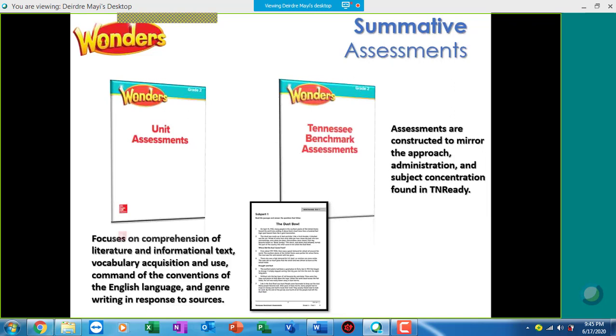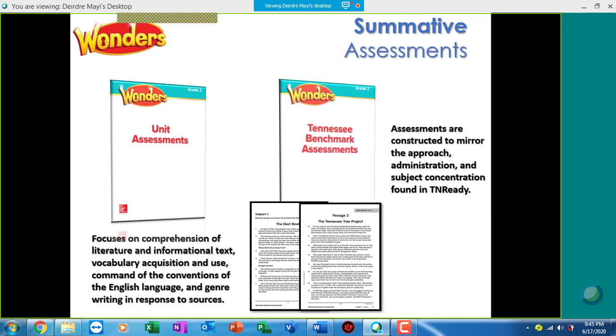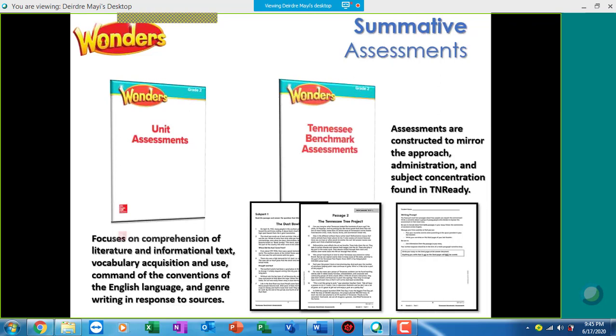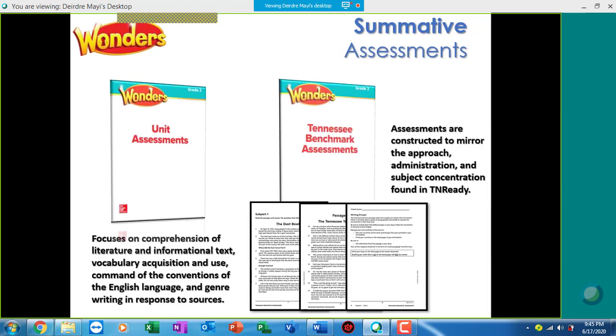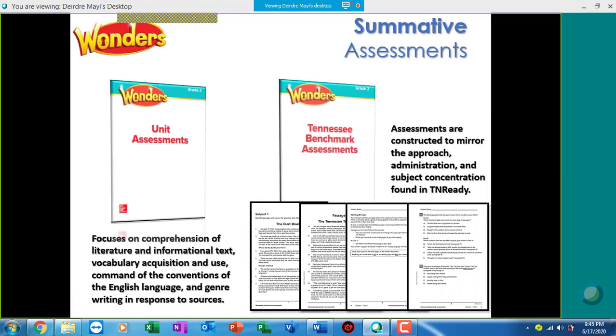Now these are formatted like TNReady, okay? We wanted students to be able to engage in those cold reads and answer the types of questions that they would ultimately find on that test so that they can be ready. It's never too soon for them to be introduced to this format.